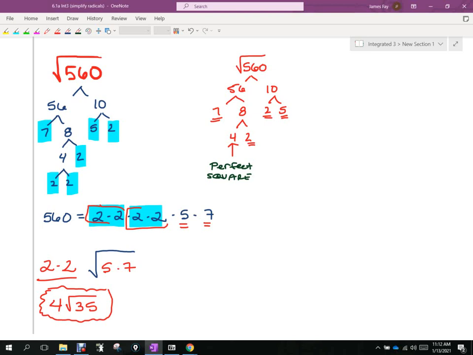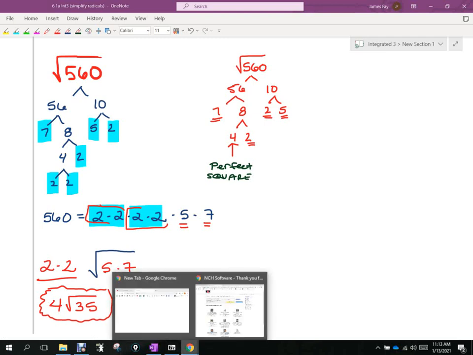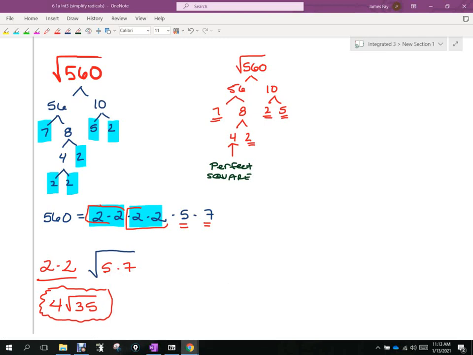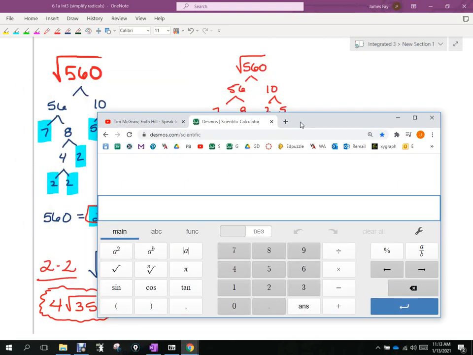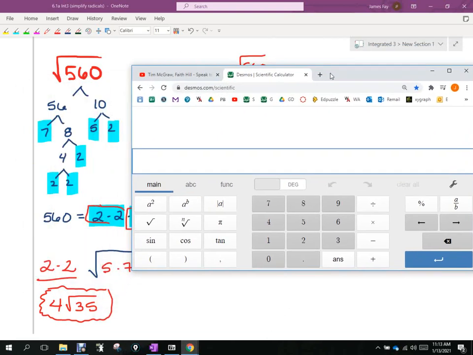The thing I want to get you guys to visualize here is that when we do our factor tree, we can actually stop when we recognize prime numbers or perfect squares. Because really what radical 560 means, if we go through and look at this factor tree, I'm going to just type it in to Desmos here so you can see the comparisons.